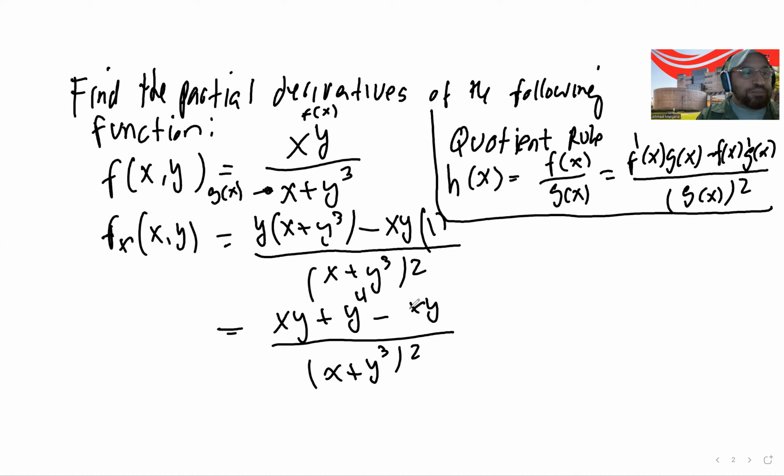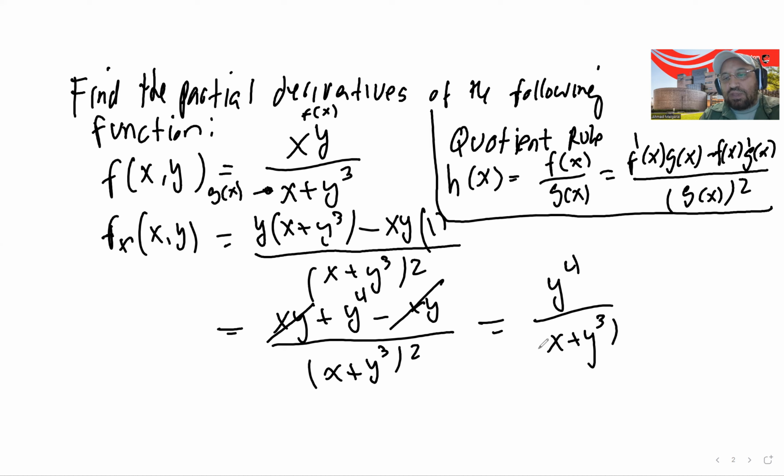Therefore this will be equal to, because we have plus xy with minus xy cancelled, your solution will be y to the power of 4 divided by x plus y to the power of 3, the whole thing squared. You can stop here.